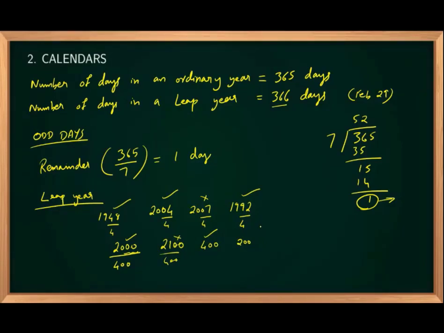Is the year 200 a leap year? No, obviously not, because when we divide by 400 we get a fraction, and we have to get a whole number. Okay, so I think the concept is clear.